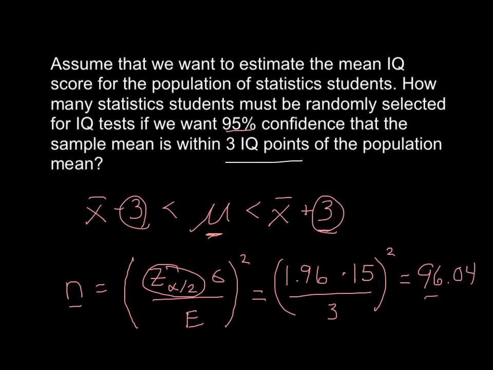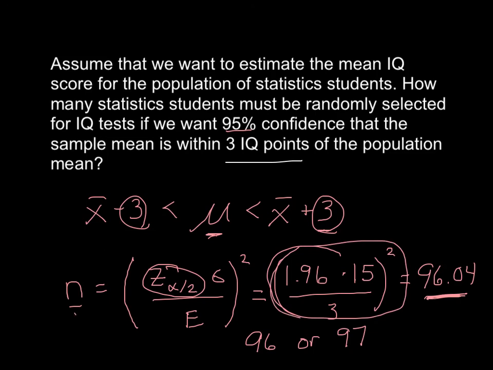Now, this is a sample size. So, do we want to sample 96 students, or do we want to sample 97? Think about that for a second. What we're saying is we need at least this many people in order for this formula to give us the correct sample size.